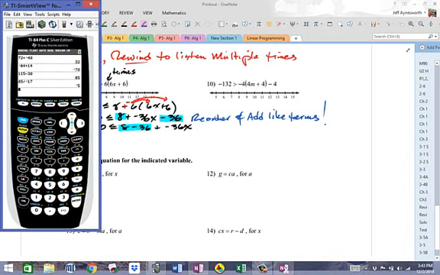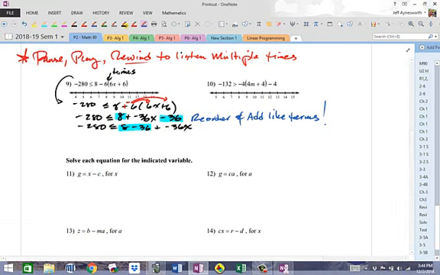So 8 minus 36 better be negative, and it's going to be negative 28. If you want to use a calculator here and there as you do your work, go ahead and use it. As long as you understand the steps, that's what I'm gearing for.